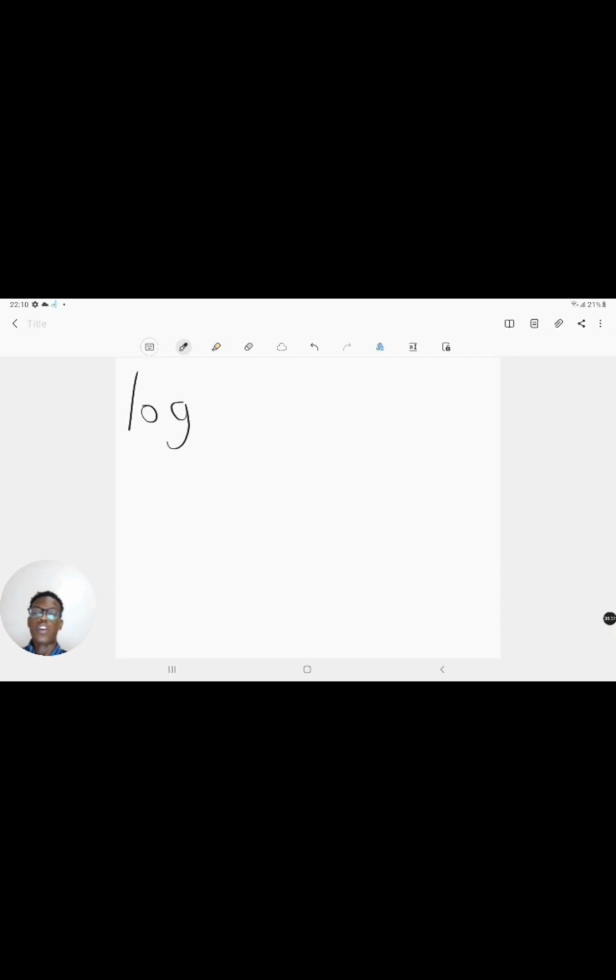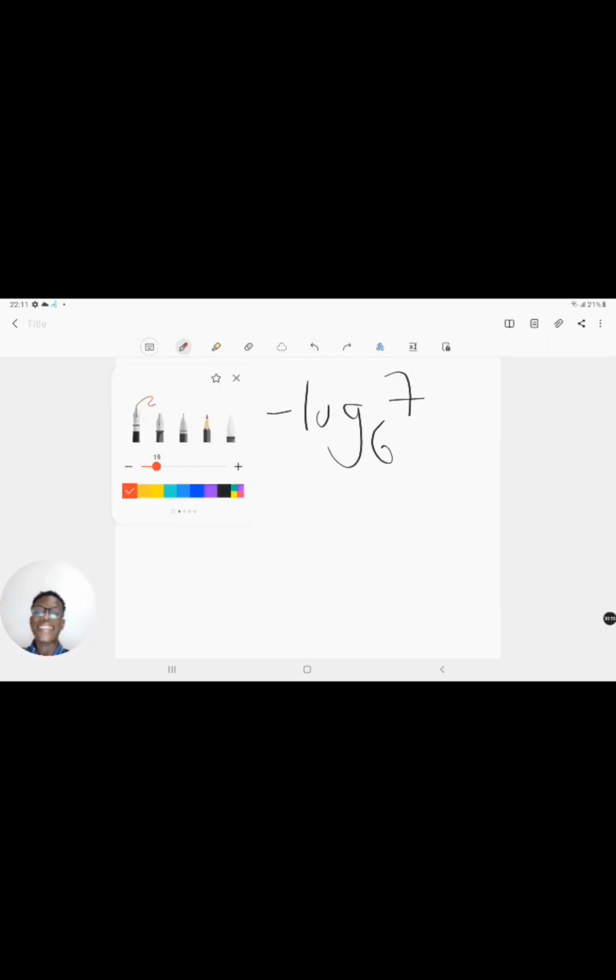Let's say you've got log base 7 of 8 minus log base 6 of 7. Now, law number 2 will not apply here. Why would law number 2 not apply here? Because the bases are different. One has a base of 7, the other has a base of 6.